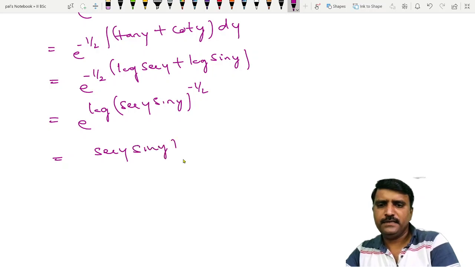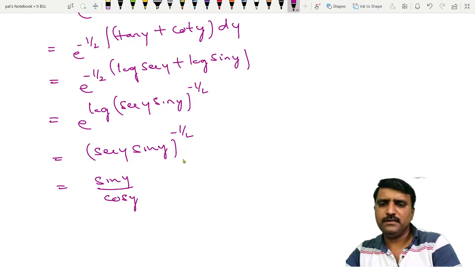Secant y can be written as 1 by cos y, times sin y by cos y, to the power minus 1 by 2.